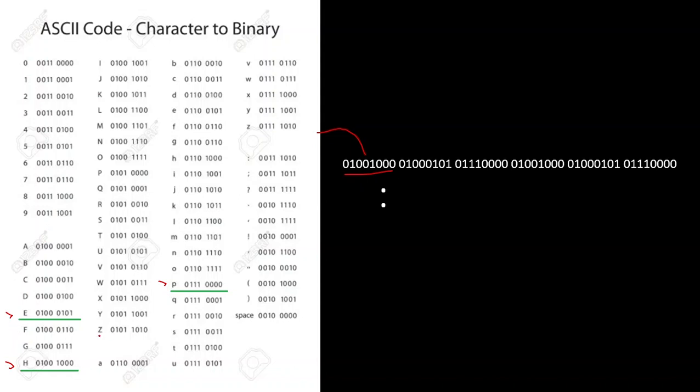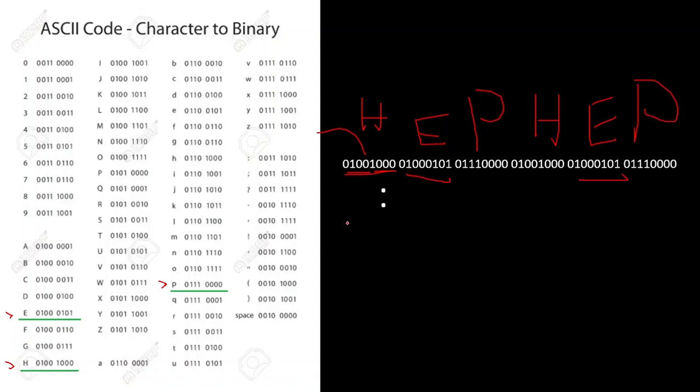So E is 0 1 0 0 0 1 0, which is this one. So this is E, and as I've said before, this is also E. So H, which is 0 1 0 0 1 0 0 0, and as I've said, H. And the remaining value is P, which is going to take the remaining spots. That's all there is to it.